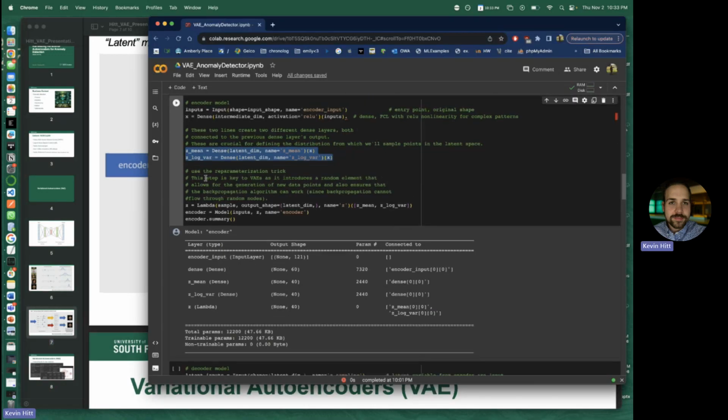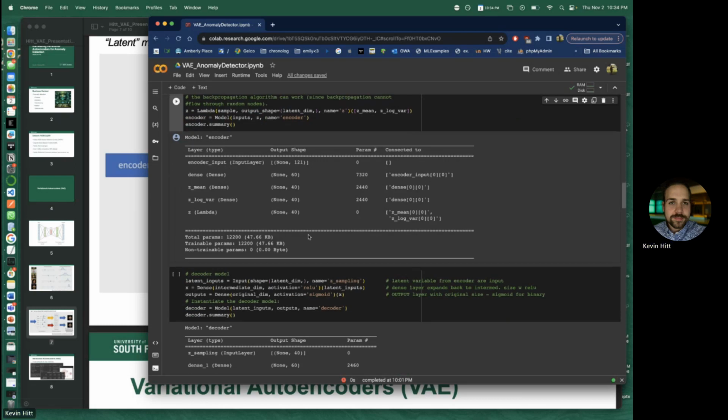And that is going to allow the VAE to do its trick. Here, the reparameterization that we saw earlier is introduced so that there's some randomness introduced when generating new data points. And this also helps with the backpropagation for the algorithm too.